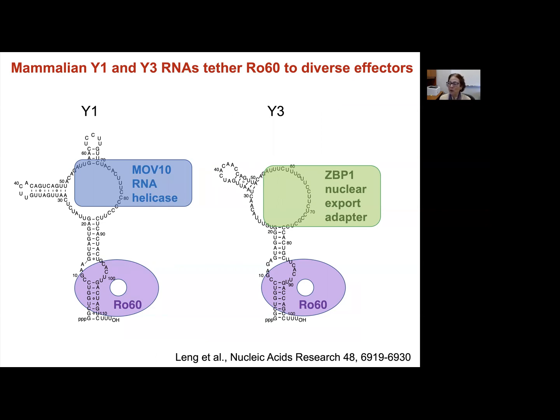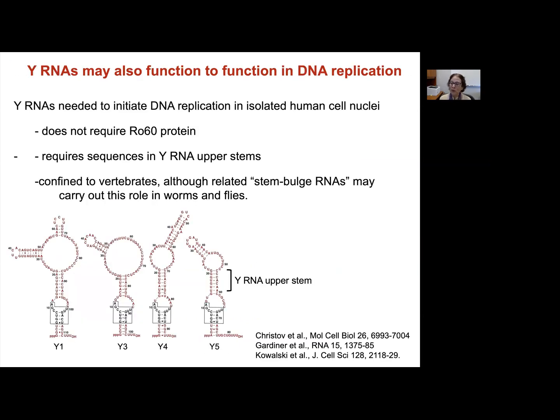By performing immunoprecipitations from wild-type cells and cells lacking one or both Y-RNAs, she showed that Y1 is required for the association of MOV10 with Rho60, while Y3 tethers Rho60 to ZBP1. Thus, in both mammalian cells and bacteria, one role of Y-RNAs is to tether Rho60 to effector proteins to create specialized RNPs.